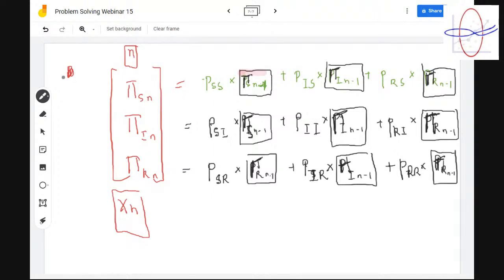If you now rub these things off, this is an nth vector of probabilities, and this is another vector.